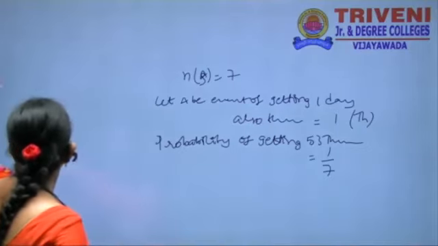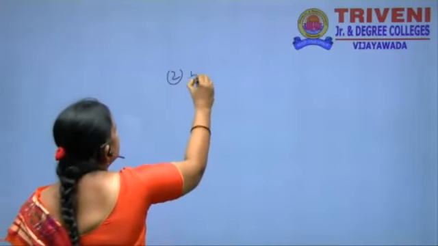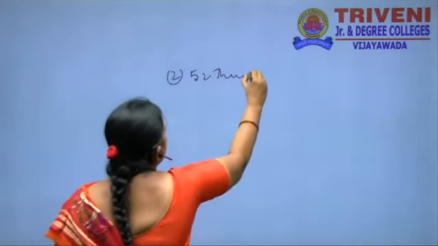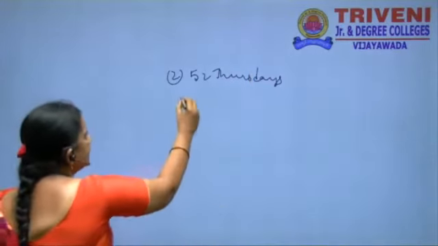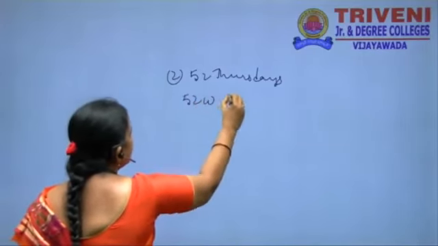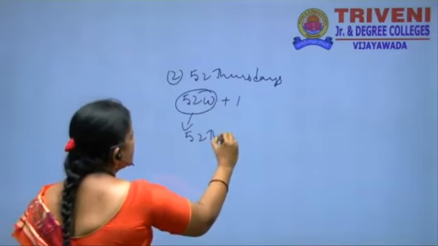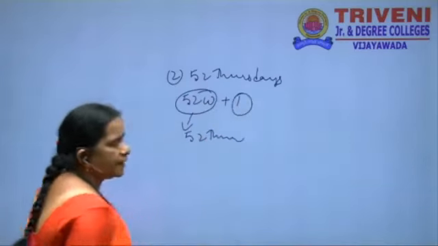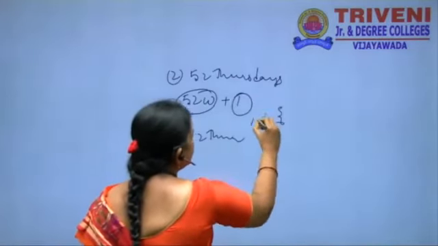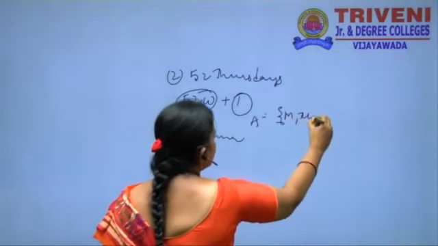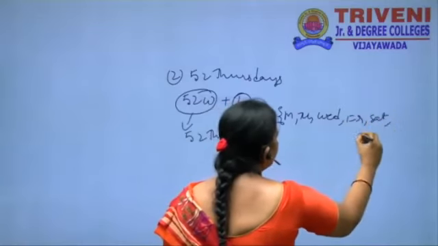Next, the second part is 52 Thursdays. A non-leap year has 365 days. That is 52 weeks plus 1 day. In these 52 weeks, we have 52 Thursdays. And this remaining day must not be a Thursday. The possible chances are Monday, Tuesday, Wednesday, Friday, Saturday and Sunday.